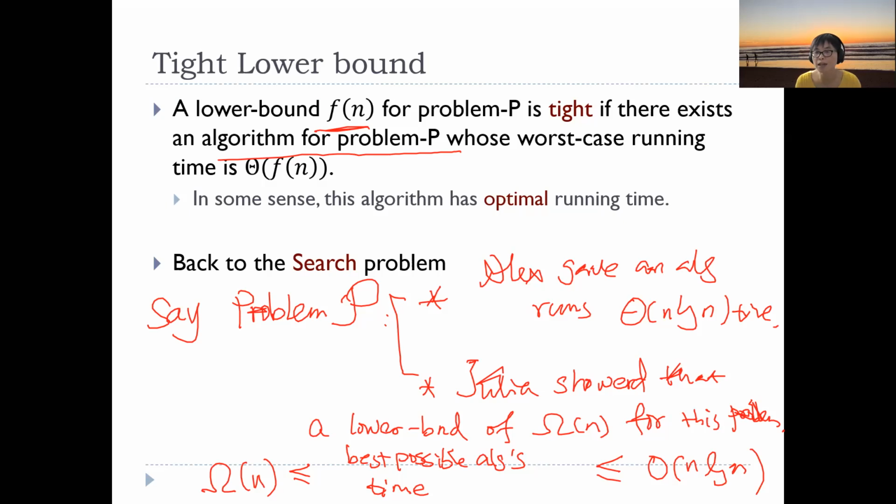But we know it cannot be better than linear. So that means the best possible algorithm's running time has to lie in between these two, although we still are not sure. The way usually to close the gap is to either improve the algorithm or the lower bound. If you don't know whether you have a matching lower bound or not, that gives you hope that there may be a matching lower bound, so you can try to design a better algorithm.